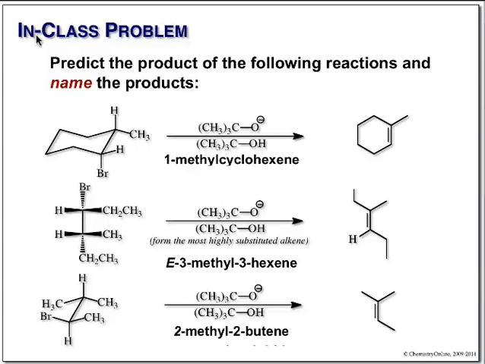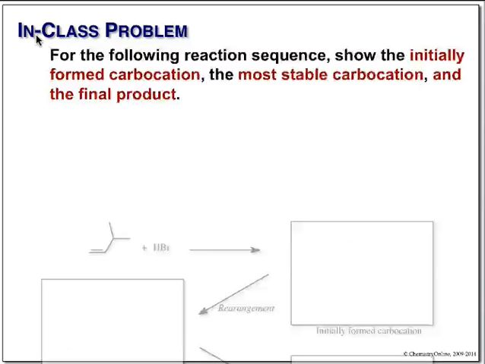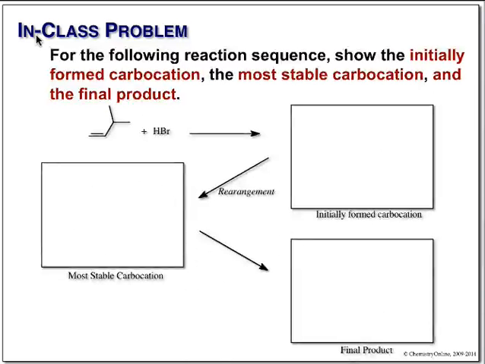Now, another thing that we learned this semester was mechanisms. Here we have a simple alkene reacting with HBr. We know that this is going to give us a carbocation intermediate. That carbocation can undergo rearrangement. We're going to add the bromine when we're all done with that stuff to make an alkyl bromide.